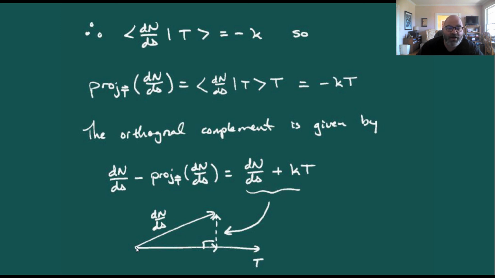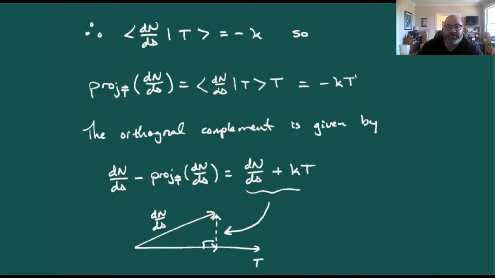So if we take the vector we're interested in, dN/ds, and take out this projection, what we're left with is a vector that's perpendicular to our unit tangent vector. It's the remainder vector that's left over: dN/ds minus our projection.